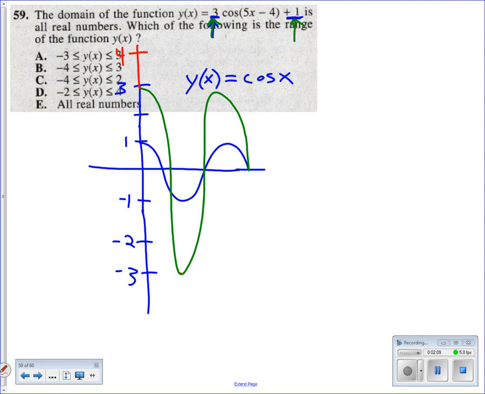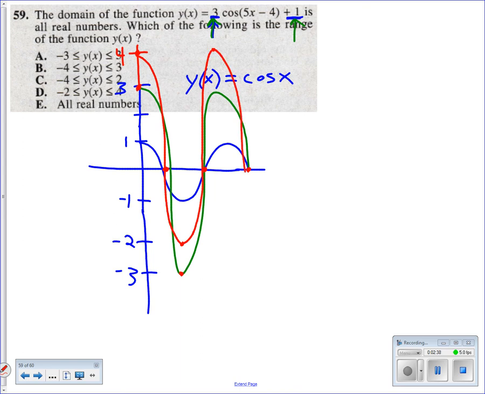This minimum here is going to end up at -2. This maximum here will shift up to 4. So my x-intercepts are still going to be the same. So I want to end up with a graph that looks something like this.